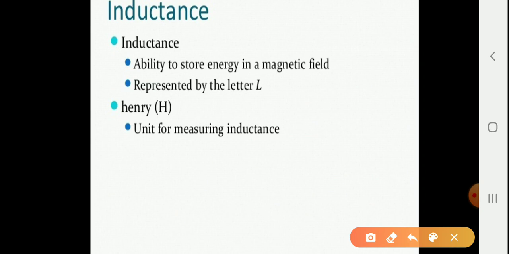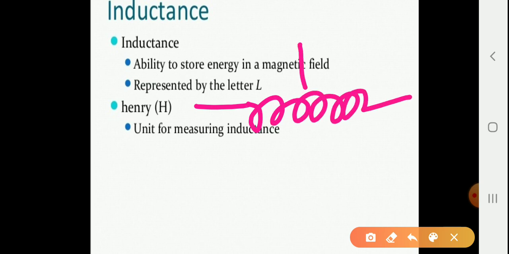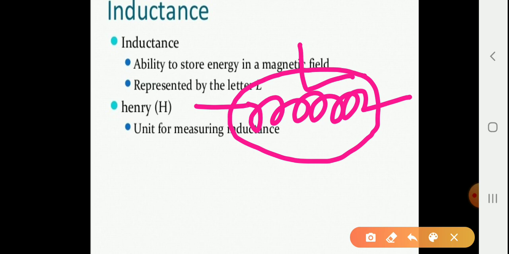The symbol of inductance, this L, is the coil type. Inductance is energy storage in the magnetic field, but we will study the concept of flux linkages. Consider a current I flowing through the coil; this current produces a total flux phi.